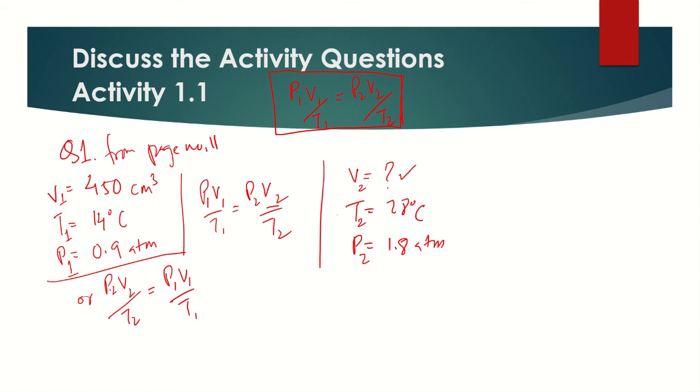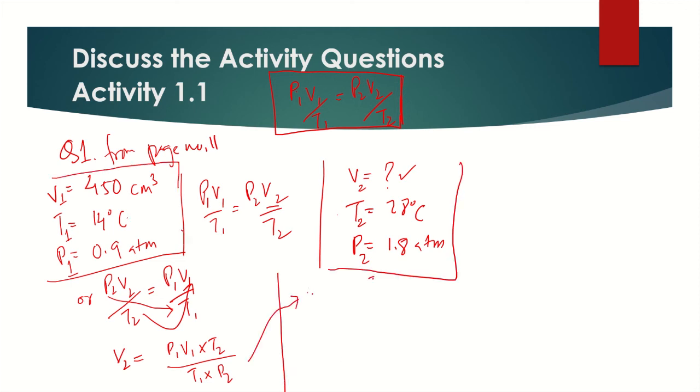Since P2 is in the numerator, when it changes side it goes to the denominator. T2 is in the denominator, so when it changes side it goes to the numerator. So we can rewrite the expression as V2 is equal to P1 V1 into T2 divided by T1 into P2.